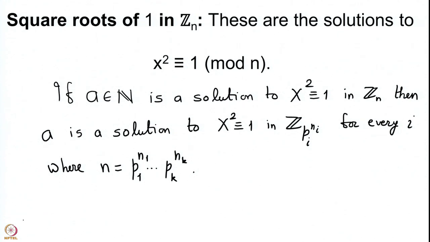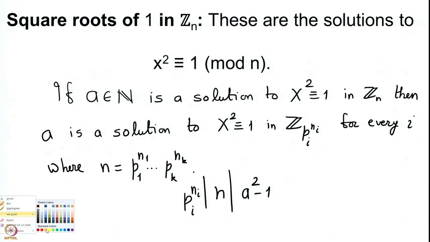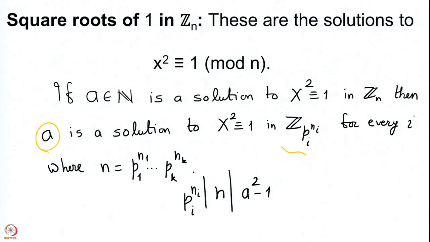So, whenever we have n dividing a square minus 1, we have these pi power ni also divide a square minus 1, and therefore, we get that the number a is a solution modulo pi power ni also.